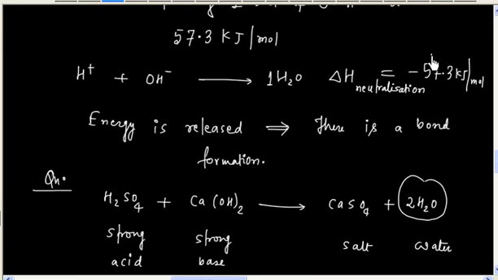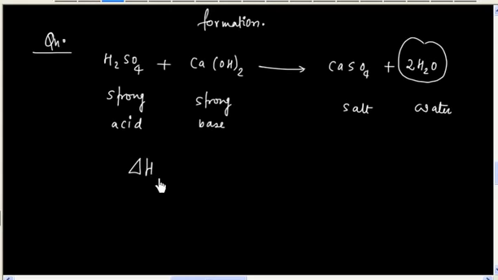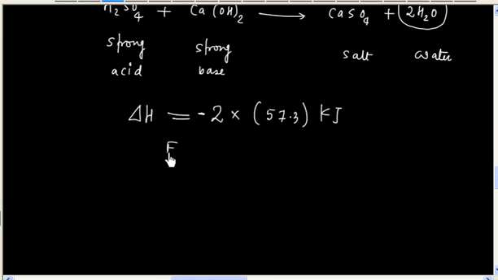When we form 1 mole of water, we have 57.3 kilojoule energy released. So in this process, energy released is equals to 2 times 57.3 kilojoule. And this is the energy released. So we can put a negative sign. So this is the heat of neutralization. When 1 mole of H plus reacts with 1 mole of OH minus, the energy released in this process is defined as heat of neutralization.